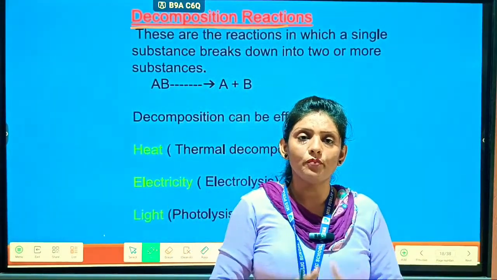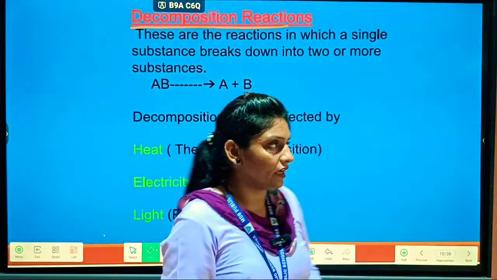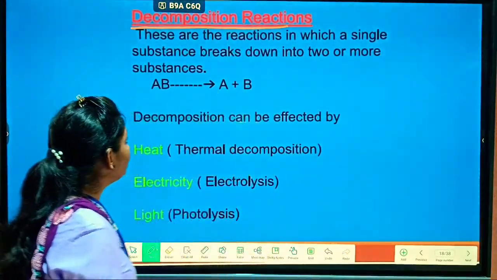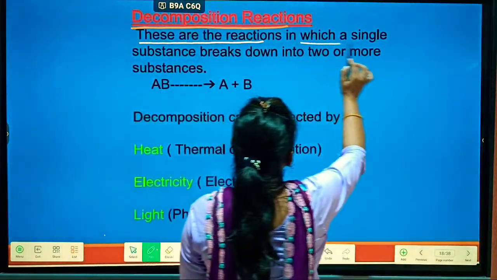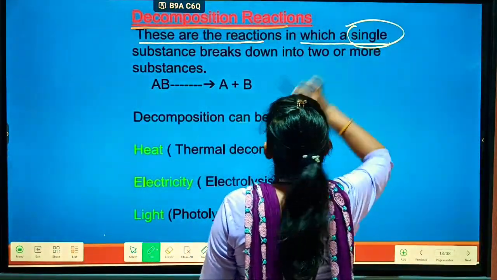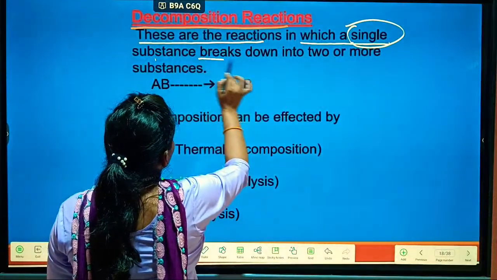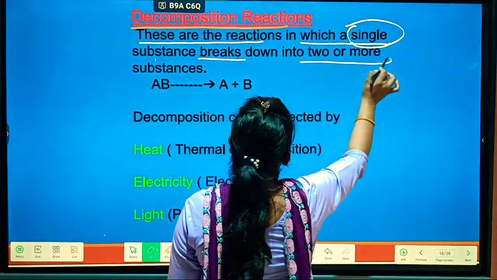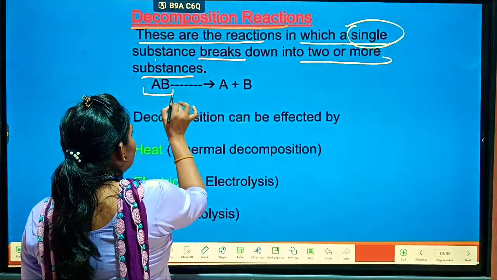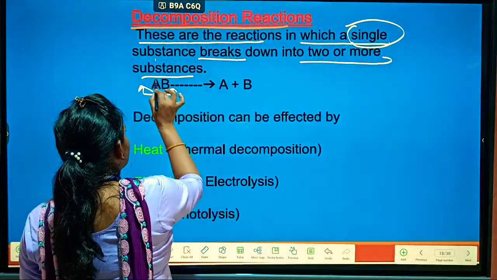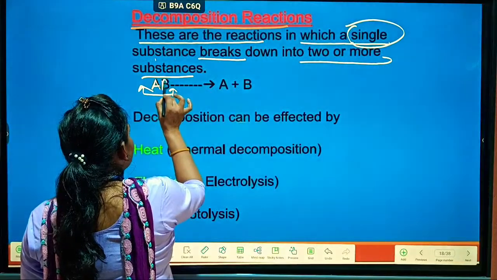Means it is just opposite to the combination reaction. So students, let's see. These are the reactions in which a single substance breaks down into two or more substances. Here we have a single substance. Let us consider we have a single reactant, that is AB.